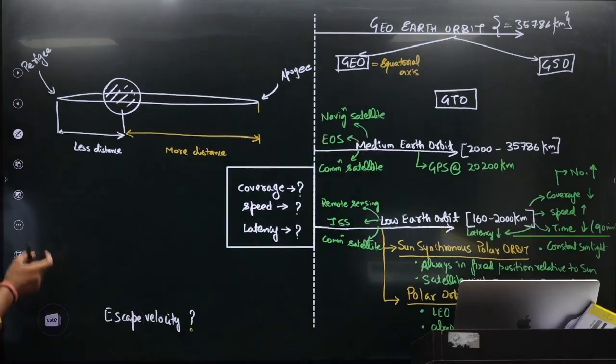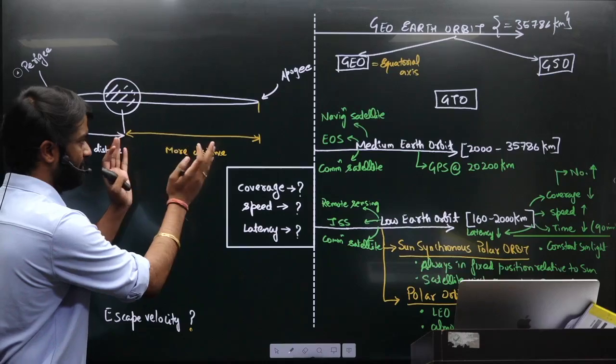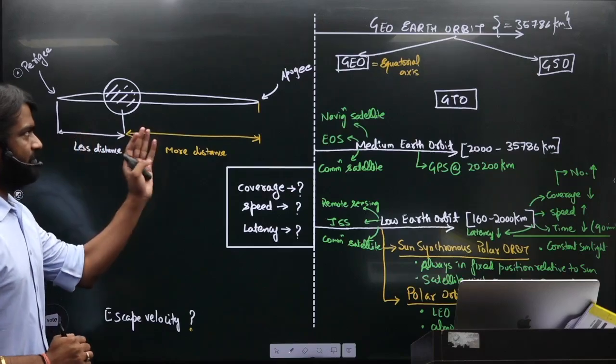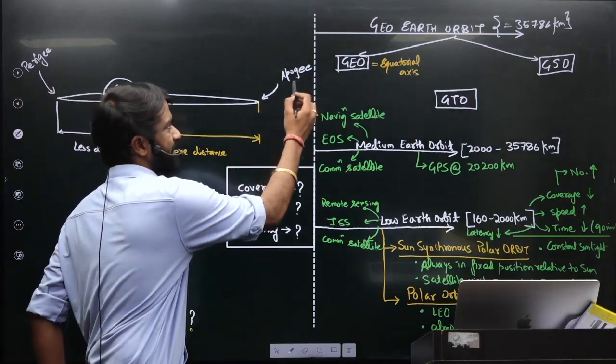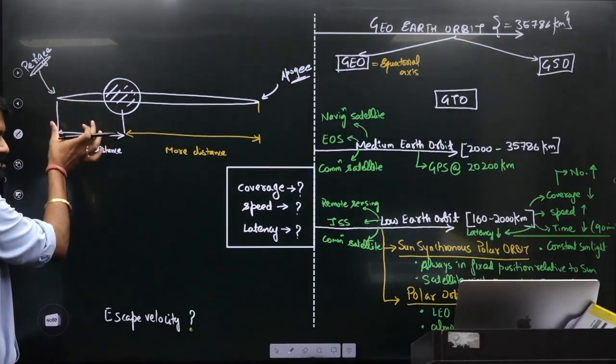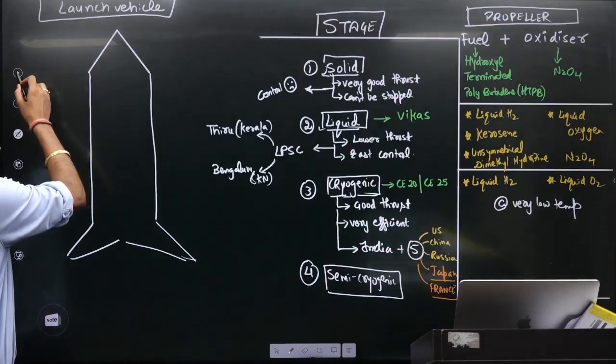What I am trying to make a point is about the length of the orbit. Whenever the satellite revolves around it, this position is known as apogee and this position is known as perigee. Perigee matlab paas, that is how I remember: P for perigee, P for paas in Hindi.